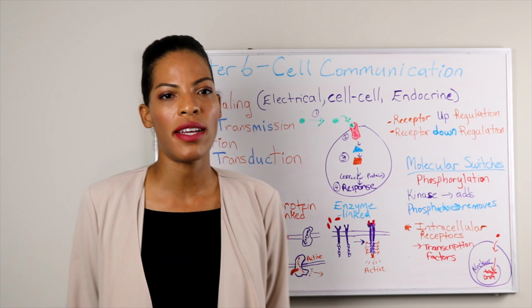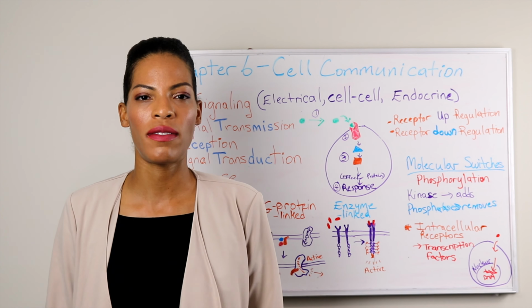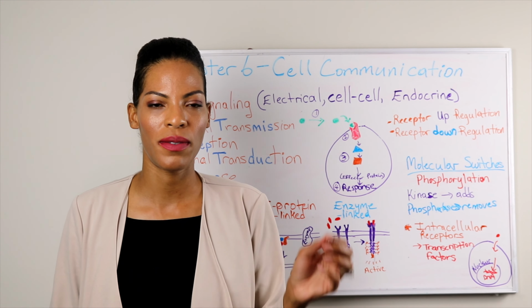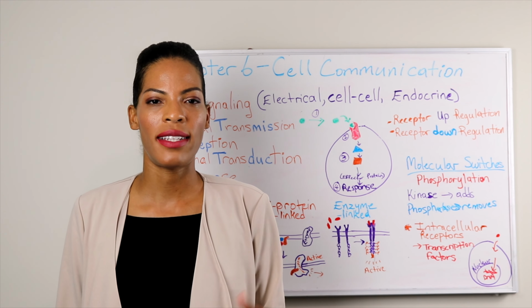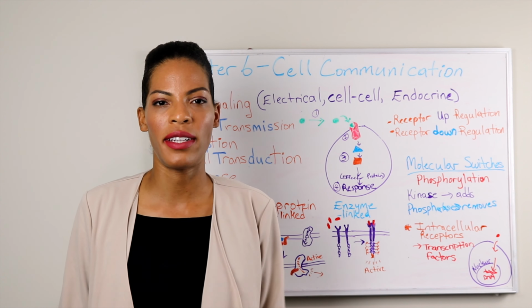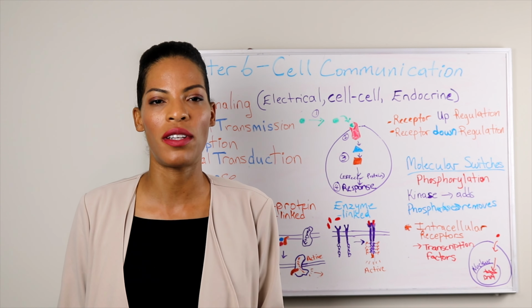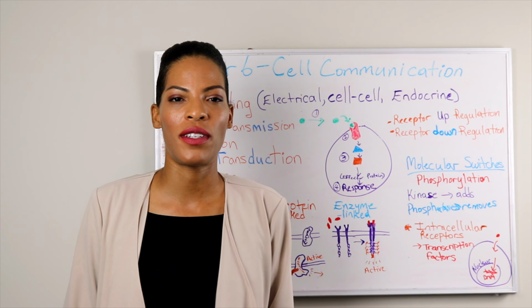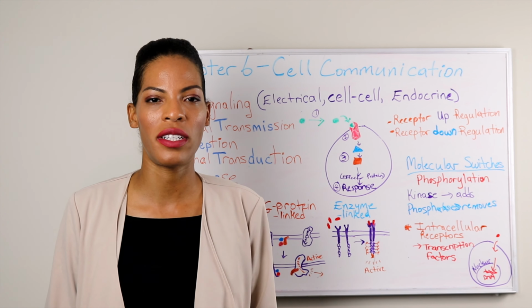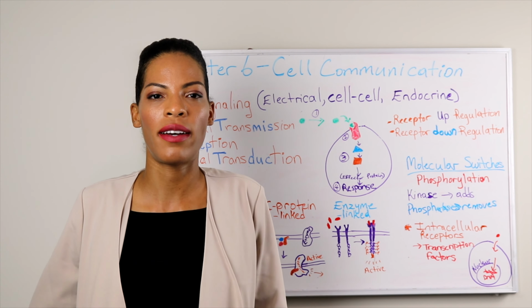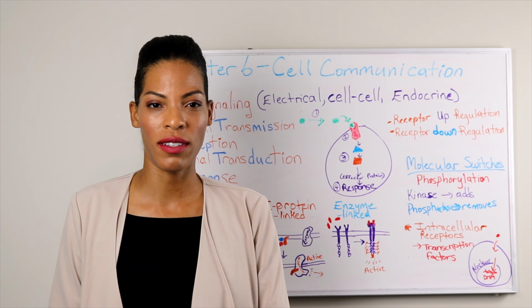Now, let's say you have hundreds of signal molecules for these receptors, and then suddenly the signal dies down and now you only have 2 or 3, not much at all. There's no reason for your cell to have 10, 20, 30 receptors just hanging out in the membrane with no signals.